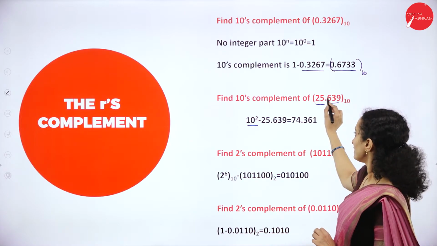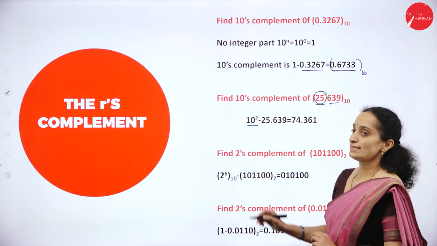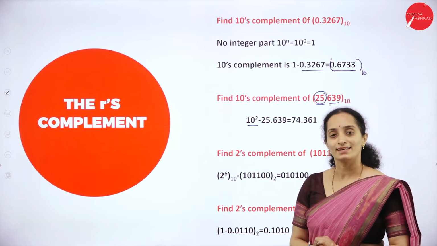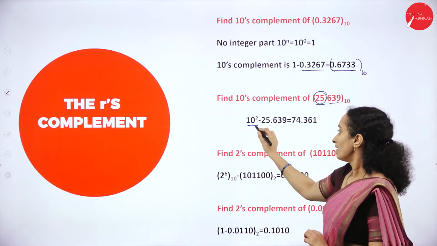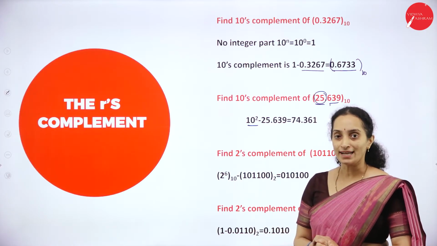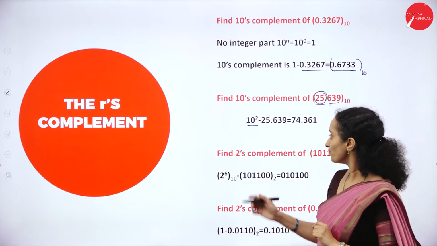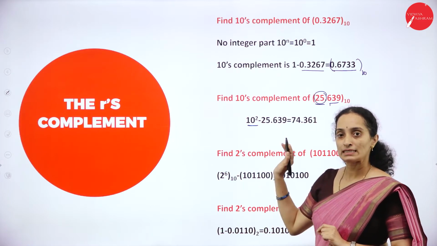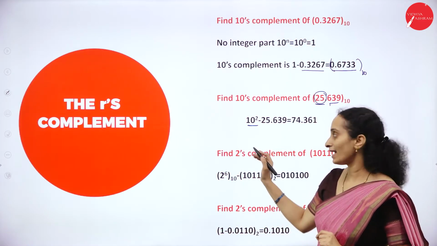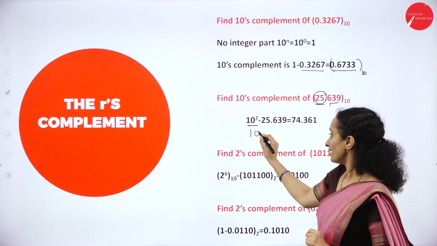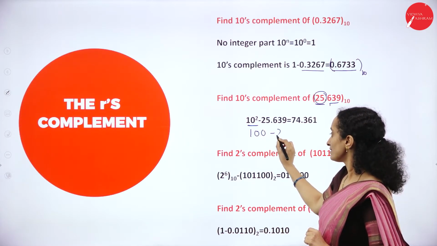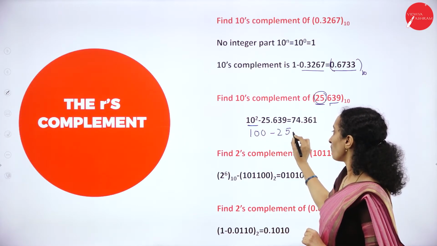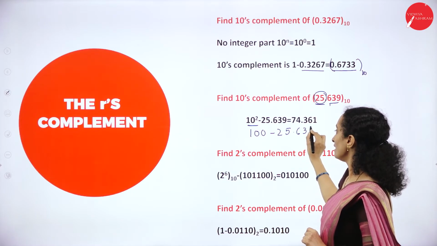This example has 2 digits in the integer part. We will take 10 to the power of 2 minus 25.639, which results in 100 minus 25.639.